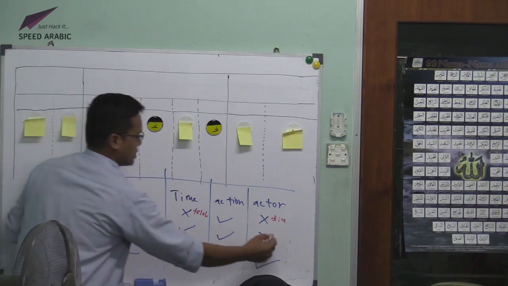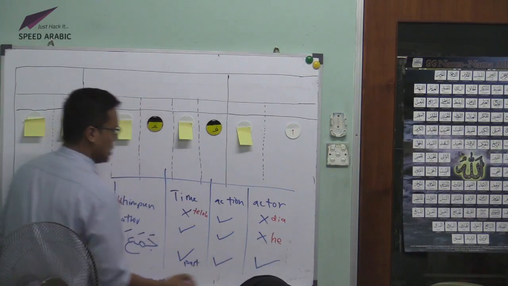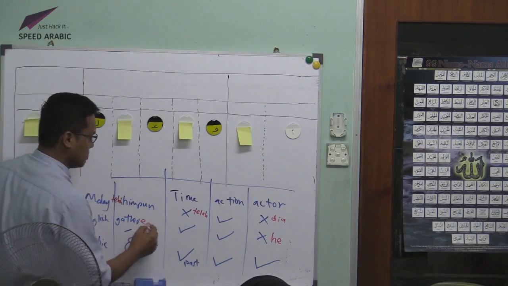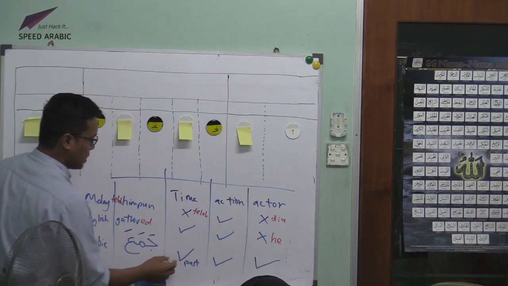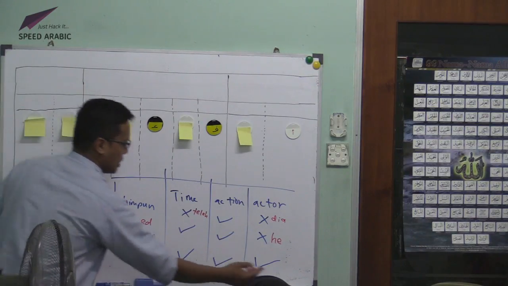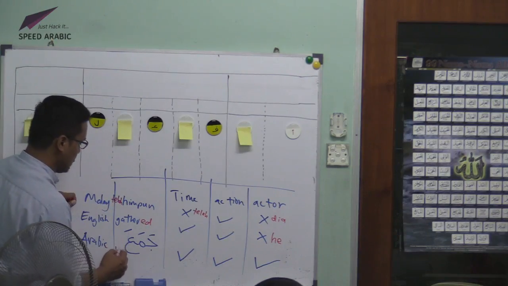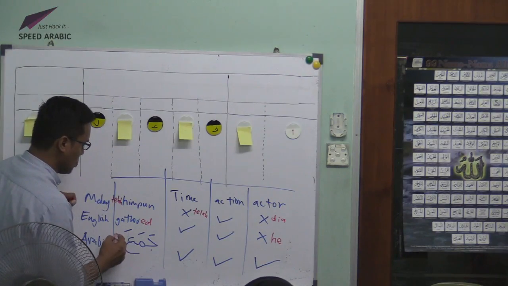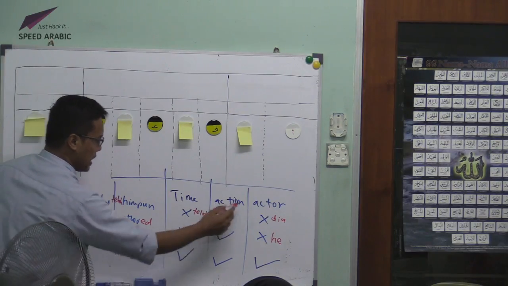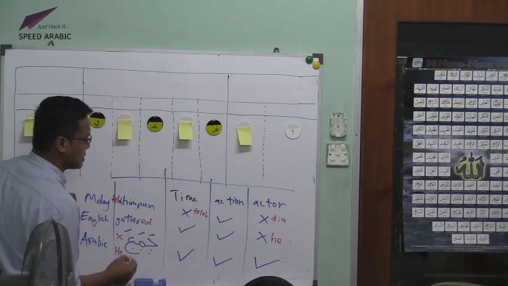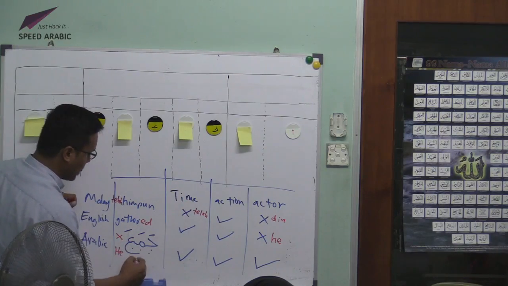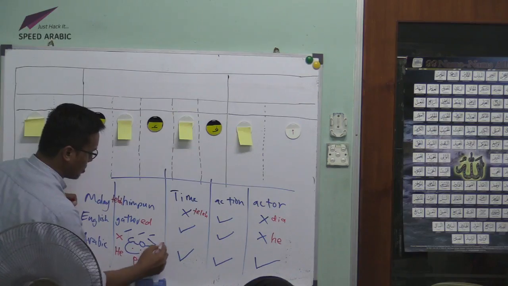In English, you can just put he, and then he gathered. In Arabic, everything is inside here. The he is inside here because there is no suffix. The action is jim mim ain, and the time is past because there is no prefix.